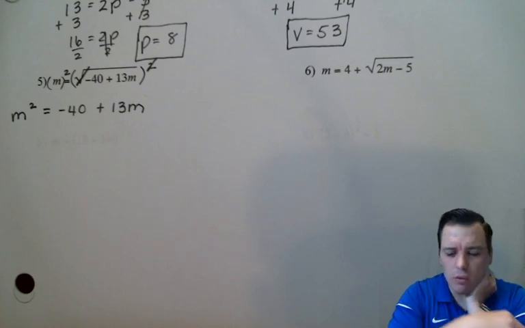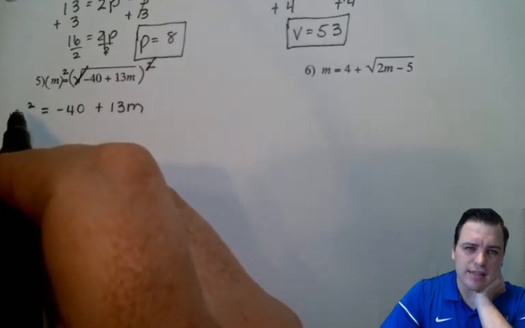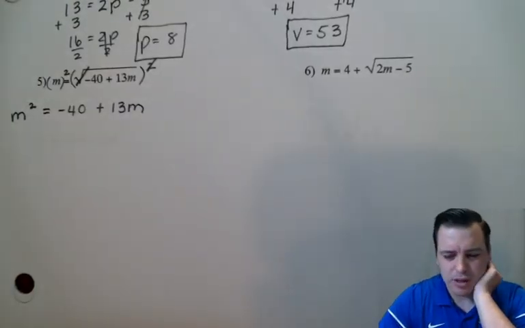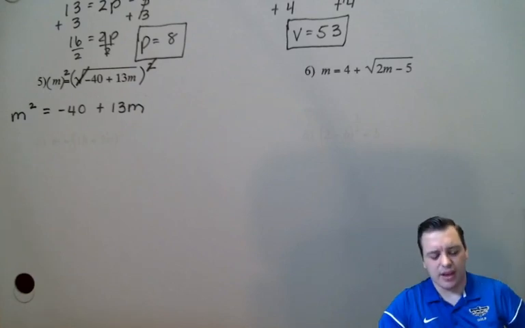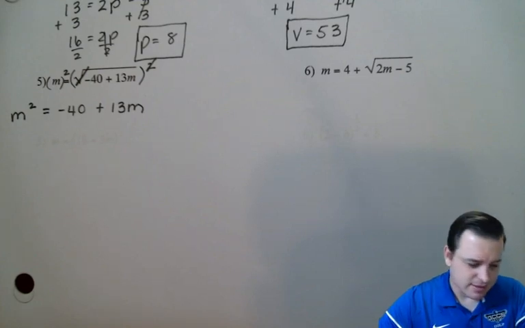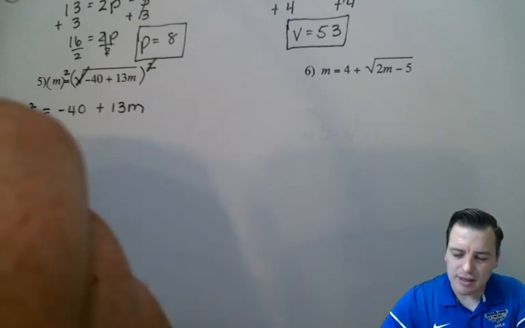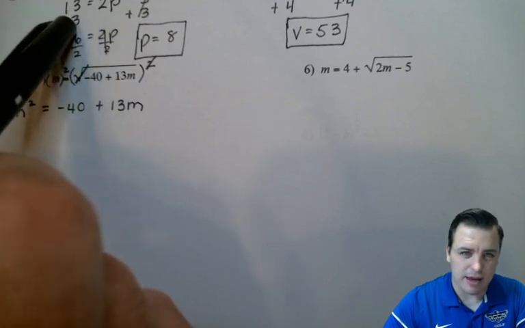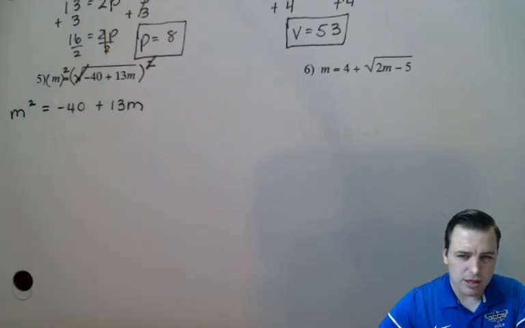Now, once you see that square, guys, m squared, and you see another variable, what should you be thinking? What operation should you be thinking? I can tell you this, it starts with an F. When you see something like this, this is actually called a quadratic equation. What should you be thinking about right now? Because you're not going to be able to solve that just like we did that one. You're going to have to do something else. Starts with an F.